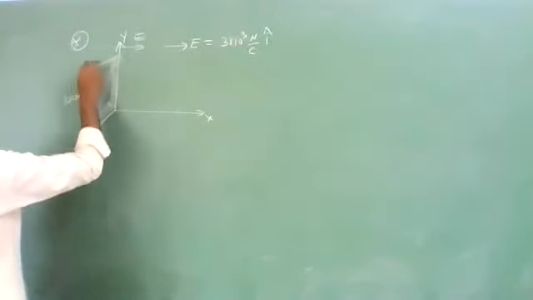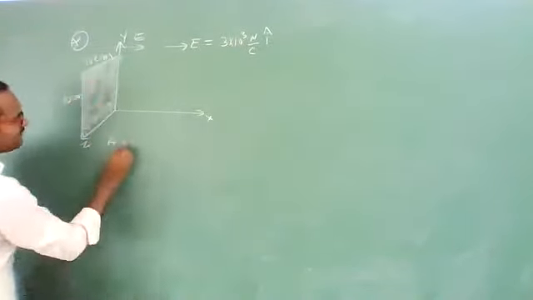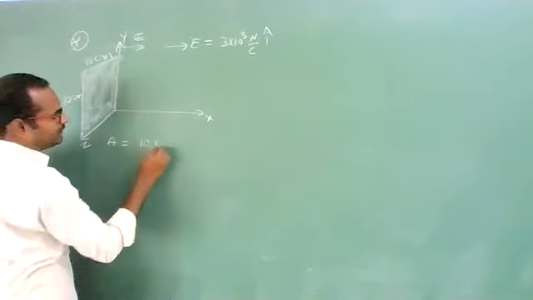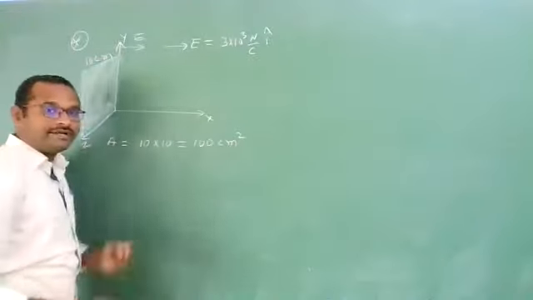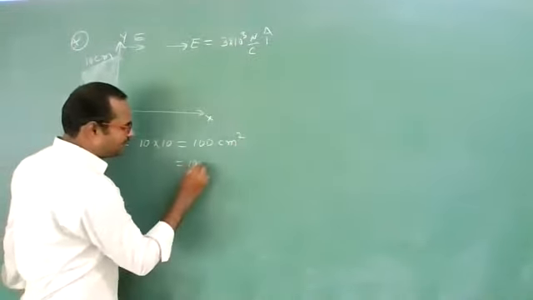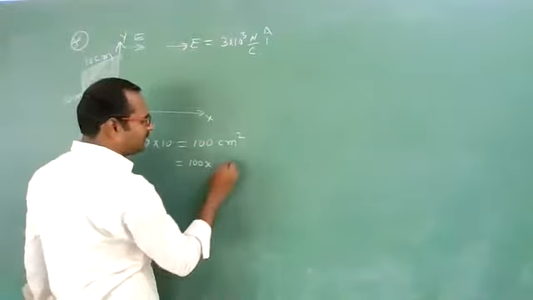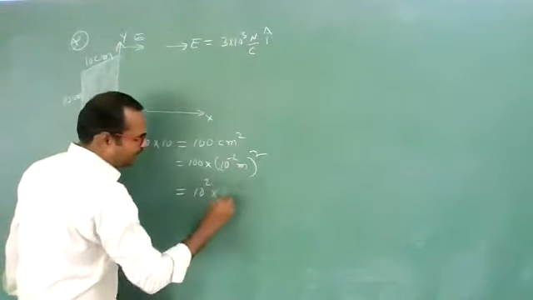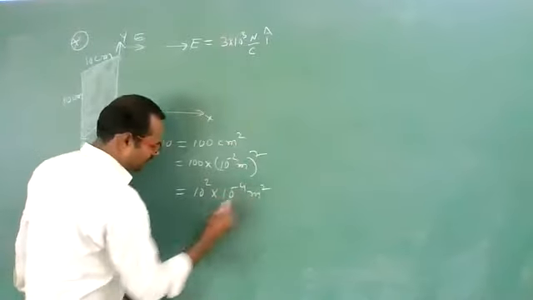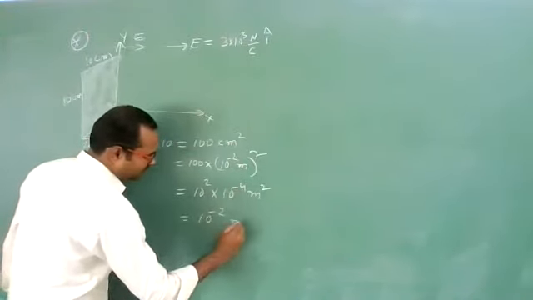10 centimeter, 10 centimeter. Then what is the area of the square? 10 into 10 is nothing but 100 centimeter square. Convert into meters: 100 into (1 centimeter equal to 10 to the power of minus 2 meters) whole square. It is nothing but 10 square into 10 to the power of minus 4 meter square. It is nothing but 10 to the power of minus 2 meter square.